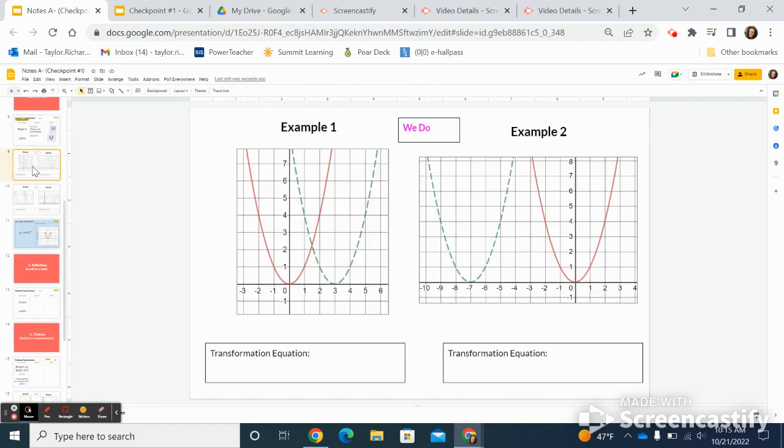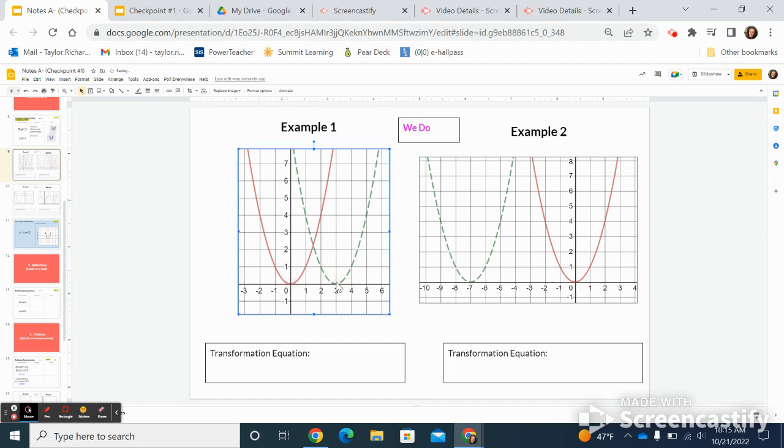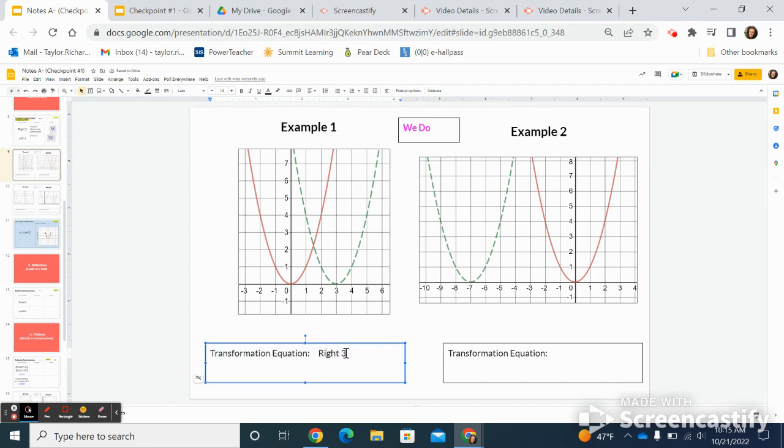Okay, so let's look at these examples and make the equations ourselves. This one, remember, always starts at 0, that's my red, and then I'm moving to the green. I'm moving to the right by 3, so I'm going to say right 3. I'm going to put it in words first, and then we're going to make our equation.